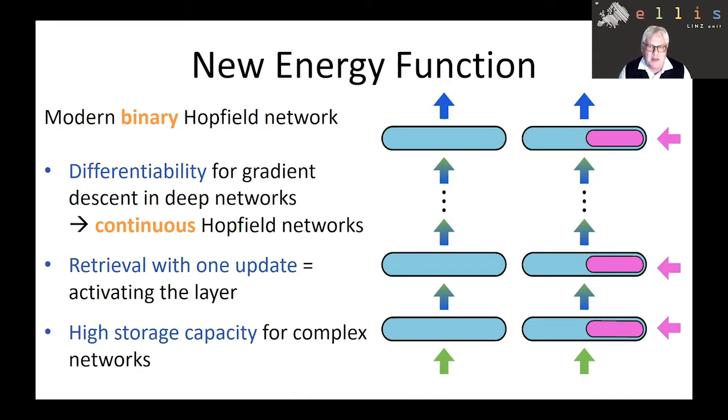You do one update and you almost have retrieved some patterns, because one update corresponds to an activation of a layer. Therefore, we activate one layer, which resembles the retrieval procedure of a Hopfield network. And we also want to have the high storage capacity that this modern Hopfield network gives you.